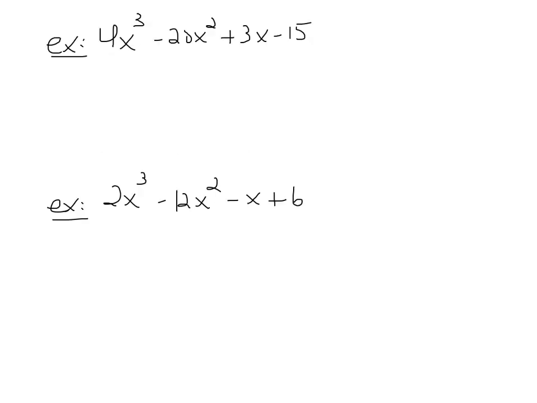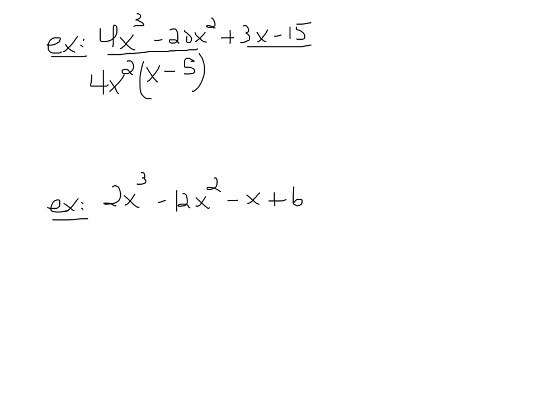And here are 2 more examples of factoring by grouping. We'll group the first 2 and we'll group the last 2. The monomial GCF from the first 2 is 4x squared. And the factors that are left are x and negative 5.